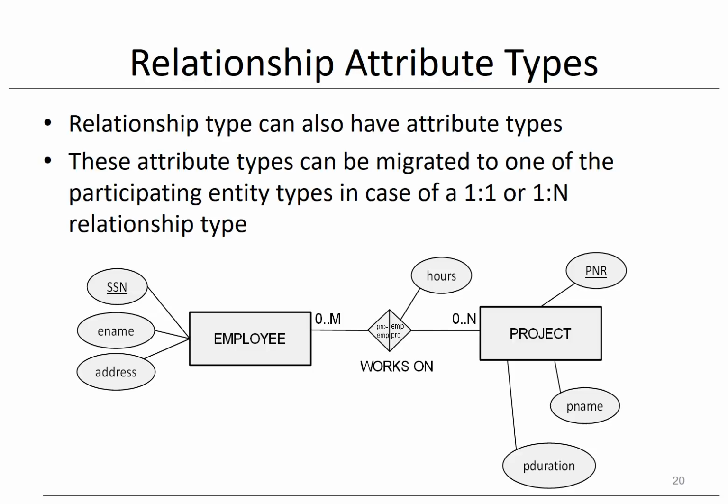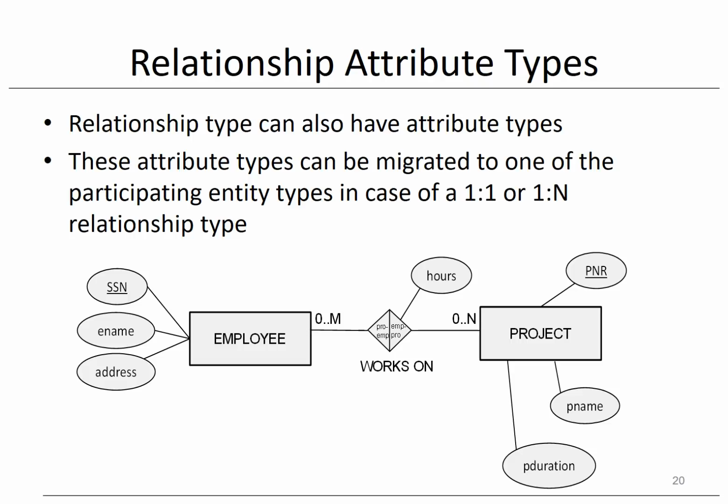Like entity types, a relationship type can also have attribute types. These attribute types can be migrated to one of the participating entity types in case of a one-to-one or one-to-n relationship type. However, in case of an m-to-n relationship type, the attribute type needs to be explicitly specified as a relationship attribute type. You can see this illustrated in the figure.